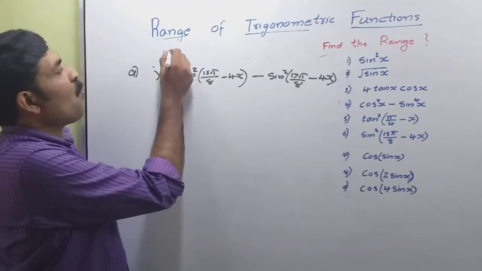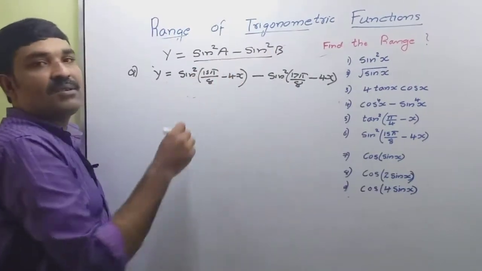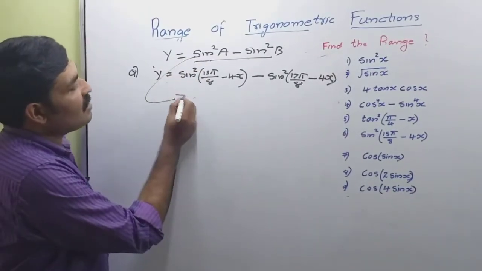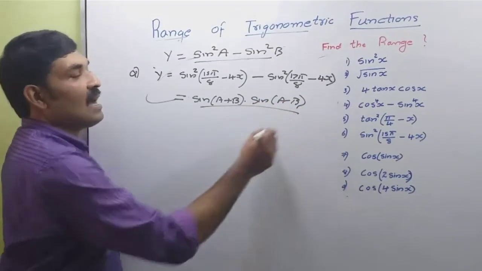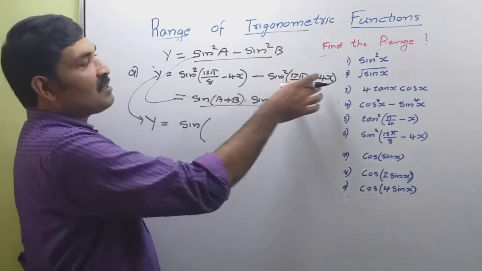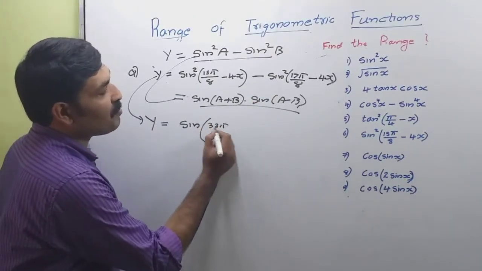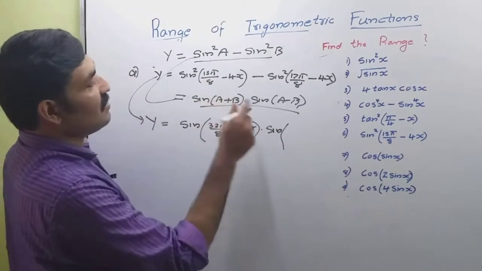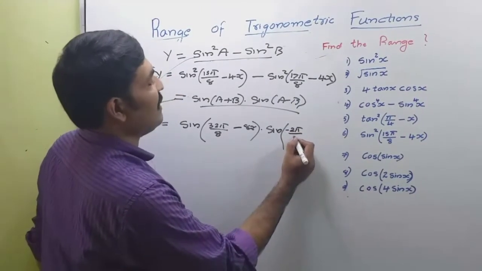So this question is in the form y = sin²a − sin²b, and using the identity sin²a − sin²b = sin(a + b) sin(a − b), we can write y as sine of this argument plus this argument, that is 15π/8 + 17π/8 = 32π/8 − 8x, into sin(a − b), that is 15π/8 − 17π/8 = −2π/8.